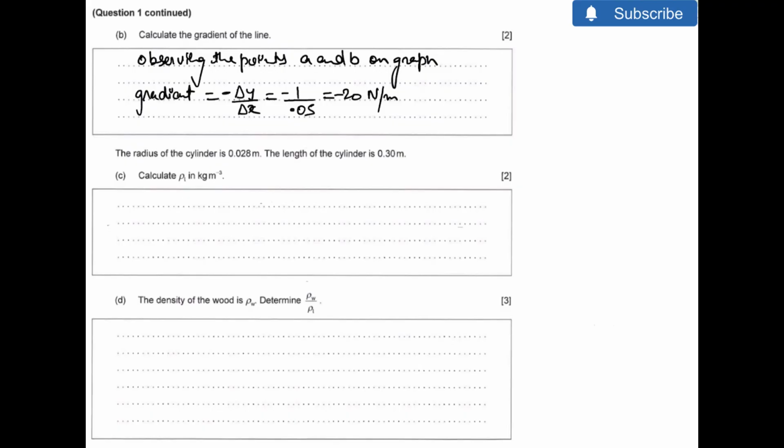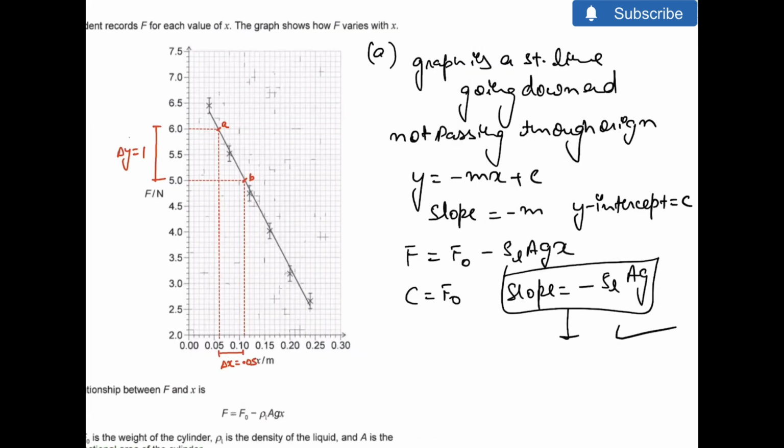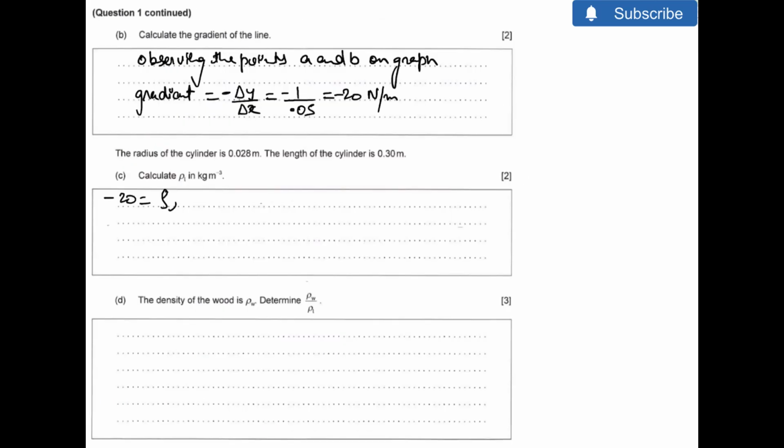Now we have already calculated the gradient, which is minus 20, and if we compare this gradient with this equation, then the value of gradient will be rho L Ag. So this is rho L Ag, and this is a negative sign also. So 20 is equal to rho L Ag.